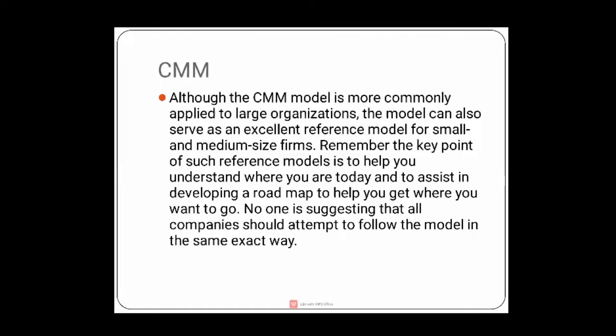So that no one would say that every organization has to adhere to exactly the same manner, right?